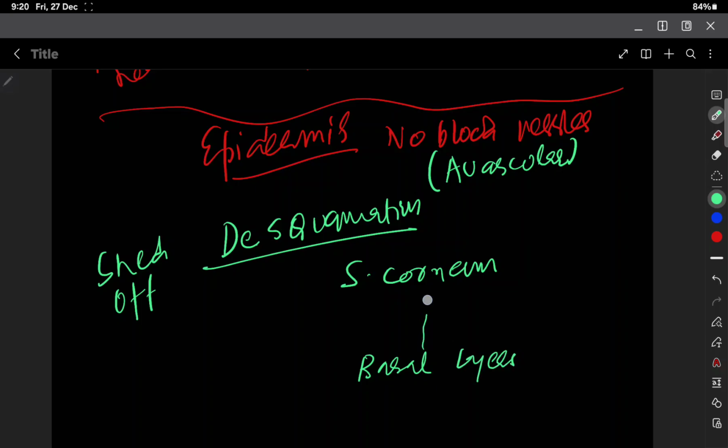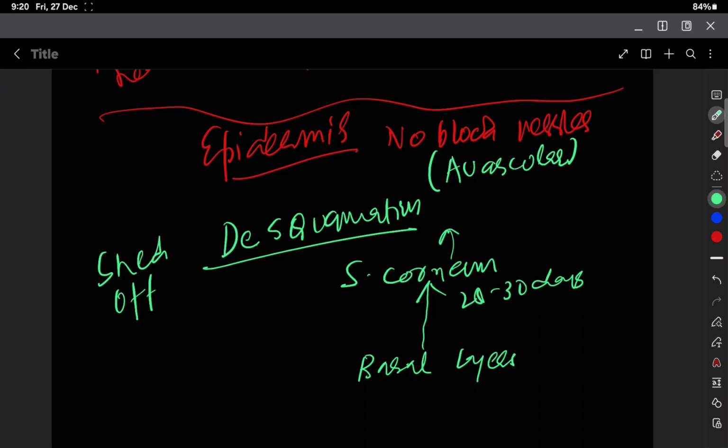Cells move from the basal layer to the stratum corneum, and it takes almost 28 to 30 days for the cells to reach from the basal or germinative layer to the stratum corneum. Then the cells are shed off from the stratum corneum layer.